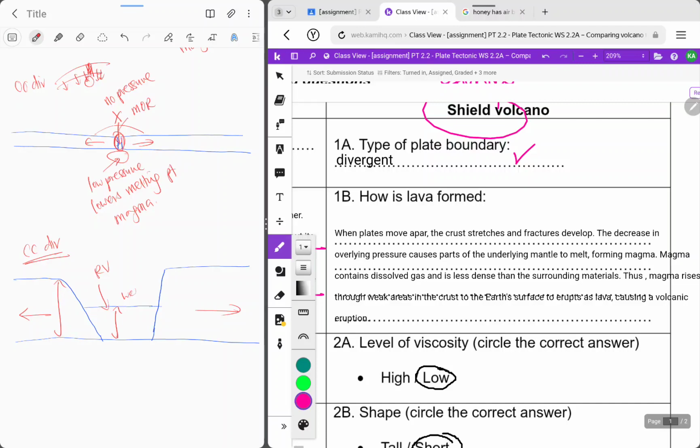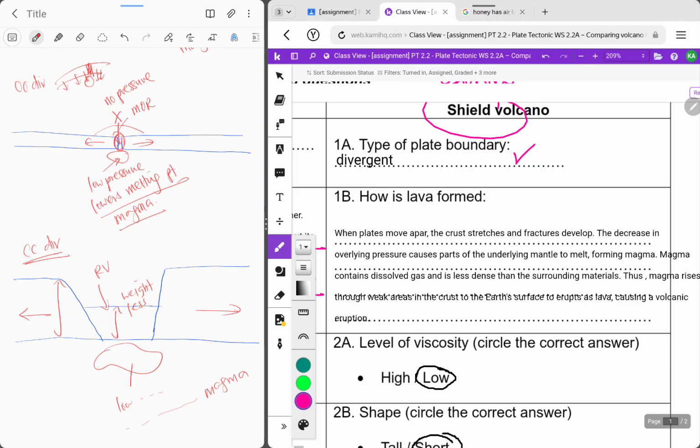So the amount of weight that is exerting on the magma is now less. And when there is less, therefore this is again low pressure, lowering the melting point so that it can form magma. So in effect, as long as it's a diverging boundary, it will form the magma in the exact same way.